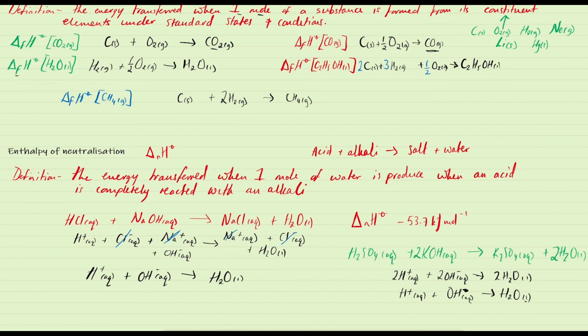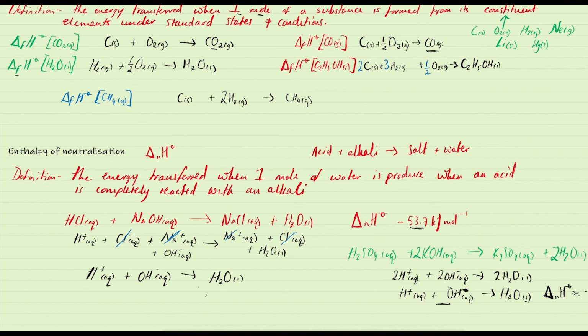So why would, if that enthalpy up here is for that ionic equation, why would it be any different to this? Because remember, it's per mole. I know we've got 2 moles of water here, but we've simplified that down to 1 mole. So we can safely say that the enthalpy of neutralization for this particular reaction here will be approximately minus 53 kilojoules per mole, or minus 54 if you like, but somewhere in that region.